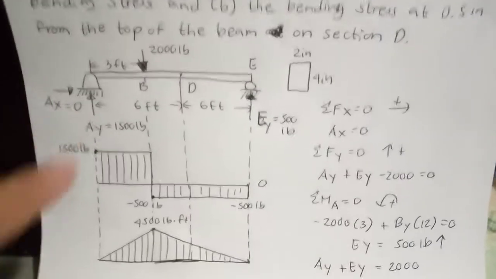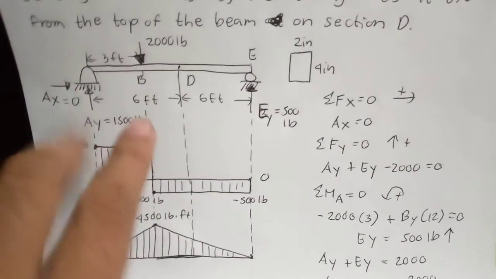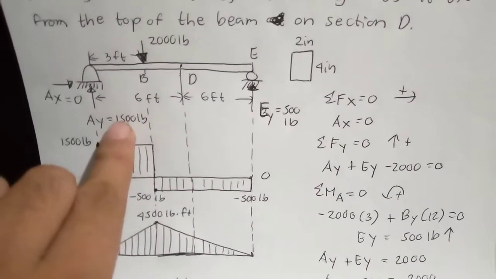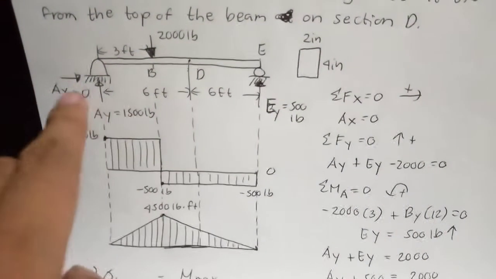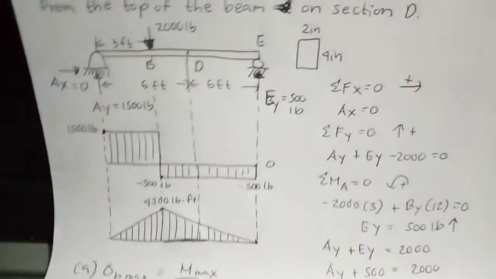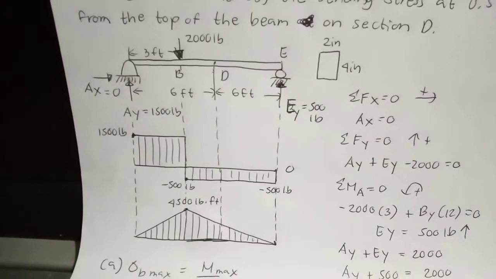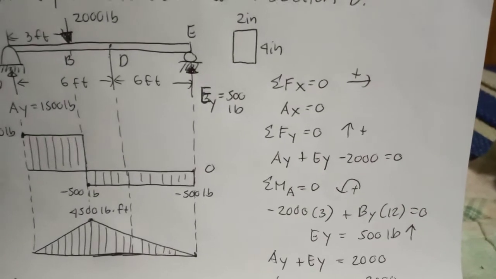Assuming these values are not solved yet, there are no other horizontal forces in this beam, therefore AX is equivalent to 0.